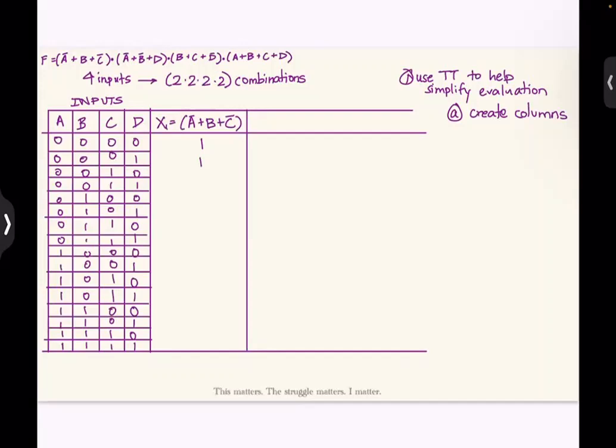So that's not very useful. Say A is 0. Not 0 is 1. So that means x1 will be 1 for the rows that A is 0, because this is an OR subfunction. So this means that row 0 is 1, row 1 is 1, row 2 is 1.